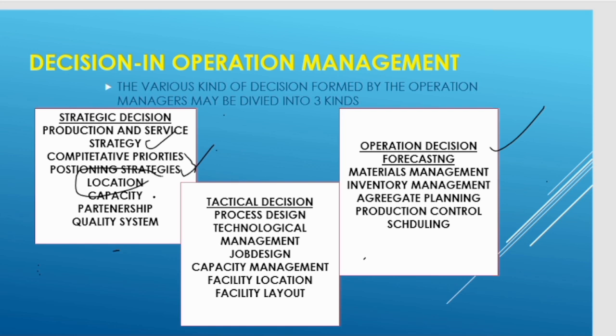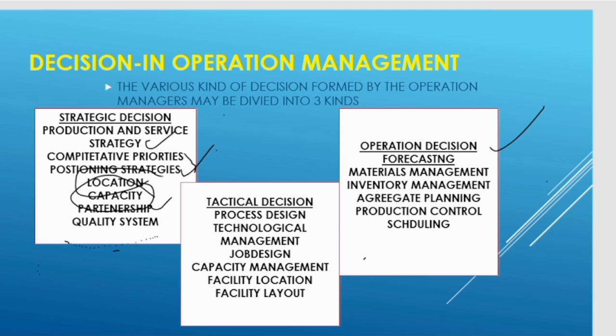In capacity, how much machinery capacity you are going to use to produce your product. And partnership, whether you are going for any partnership to acquire any new technology or acquire any new market, or in finance, as you already learned, partnership to acquire funds.